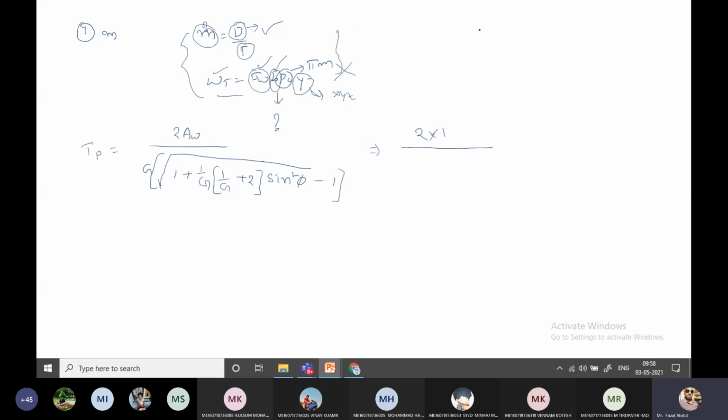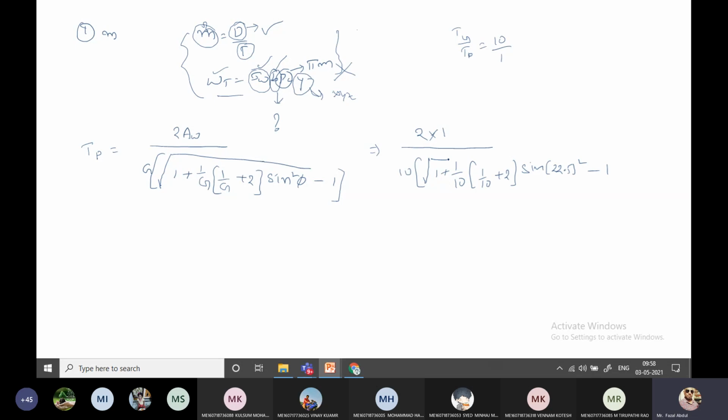Gear ratio TG by TP is 10 by 1. So I am writing here 10, square root of 1 plus 1 by 10 into 1 by 10 plus 2 into sine square. Pi value, how much is given in the question? 22.5, square.